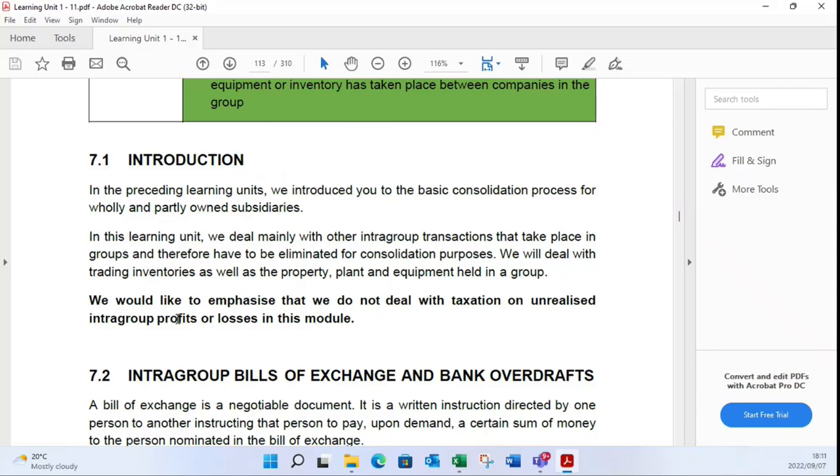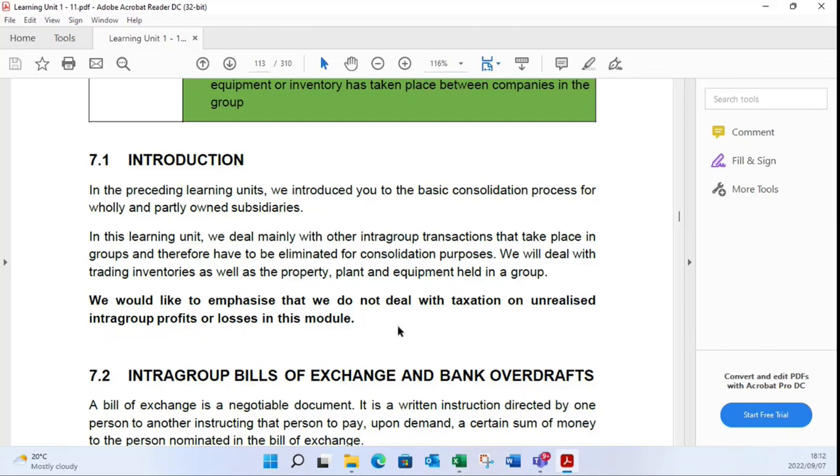Normally here we'll be dealing with the situation whereby the two companies that we are busy with, doing the consolidation, are trying to sell to each other. Either they sell assets, or they sell inventory, or they do loans, or a bill of exchange. Those things we have to eliminate.